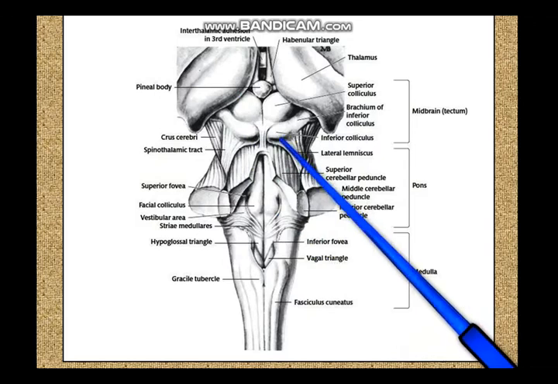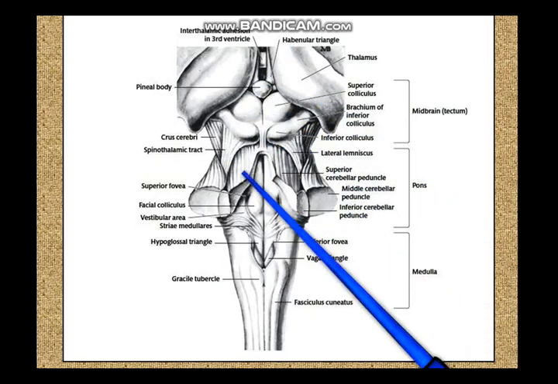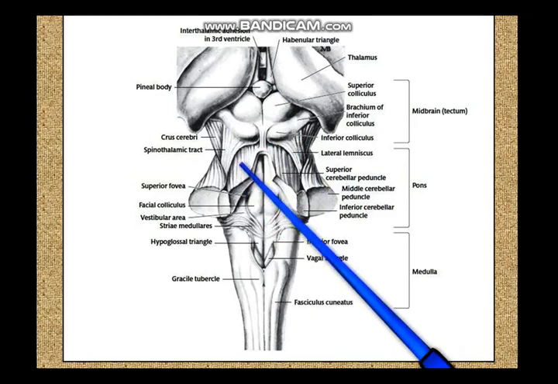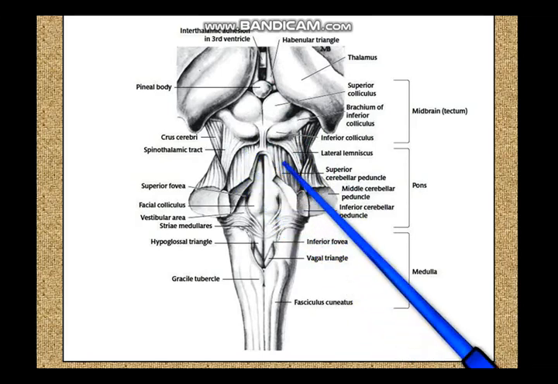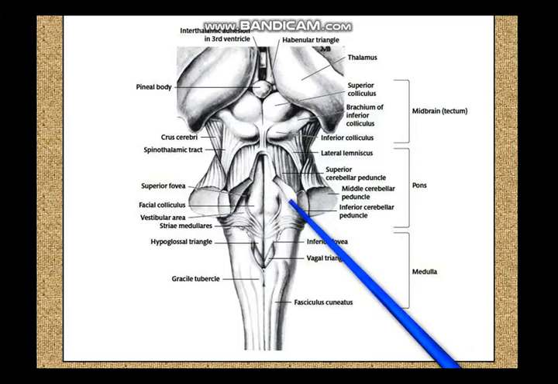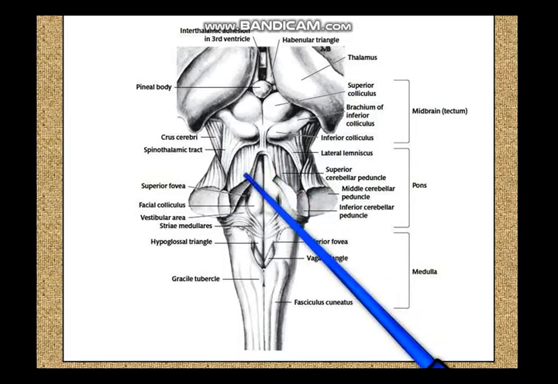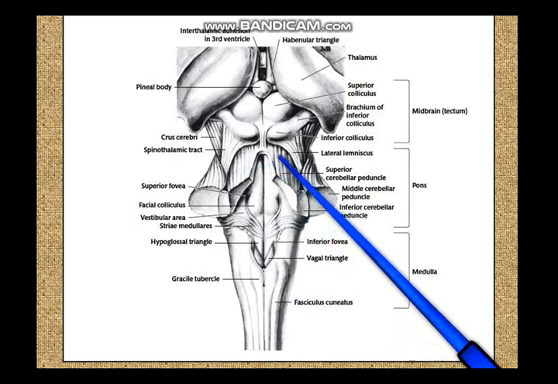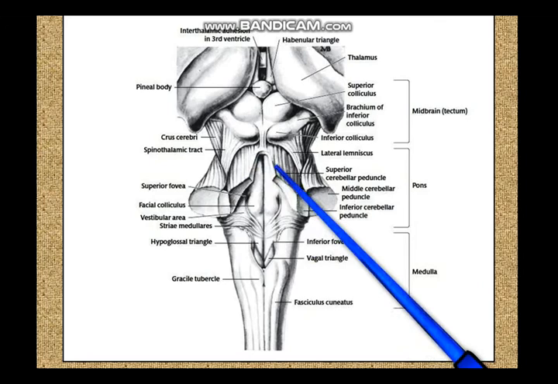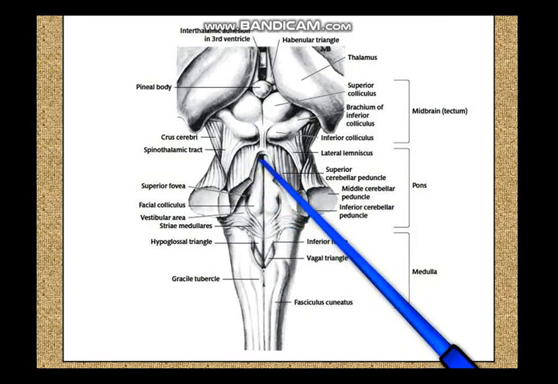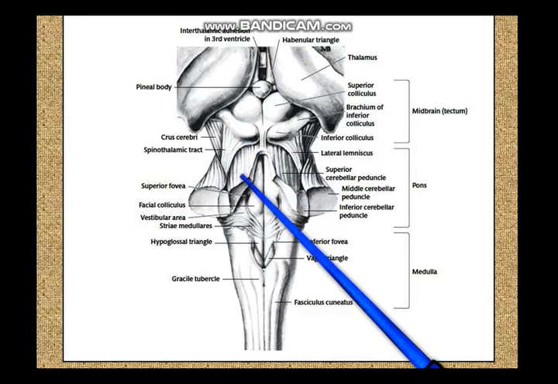So lateral lemniscus and spinothalamic tract going up, and from the midbrain connecting with the cerebellum you have the superior cerebellar peduncle. Superior cerebellar peduncle's cut margin here, superior cerebellar peduncle's cut margin over here, and after removal of the cerebellum the fourth ventricle is de-roofed, so that cut margin also you can see here. So the superior cerebellar peduncles are connecting to them.